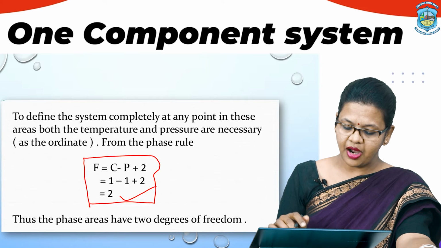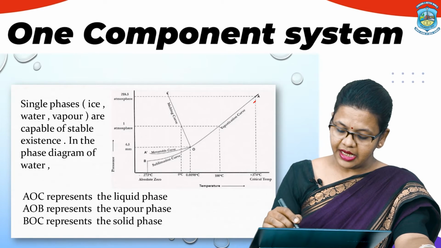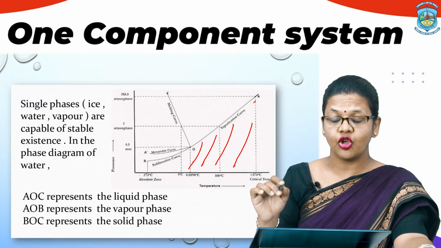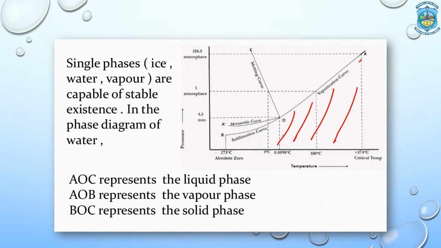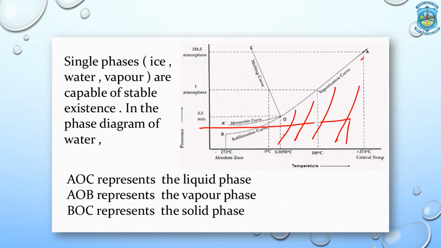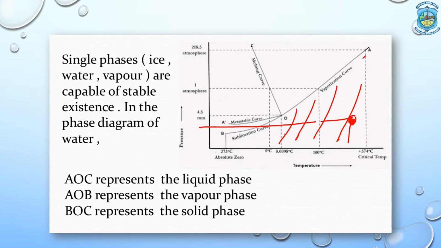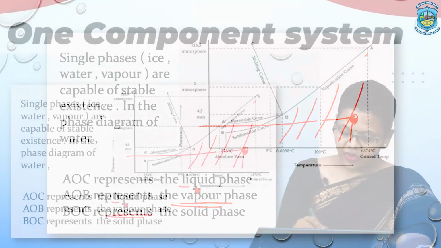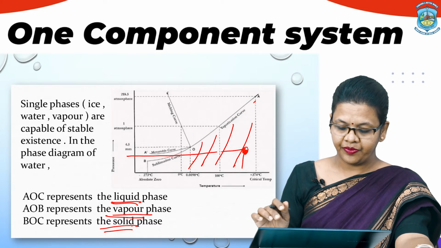If we talk about the area AOB, it represents the existence of only vapor. If you go to any point over here with a temperature and pressure condition, we will come in the area. Therefore, these areas specifically tell about the existence of only one of the pure states.